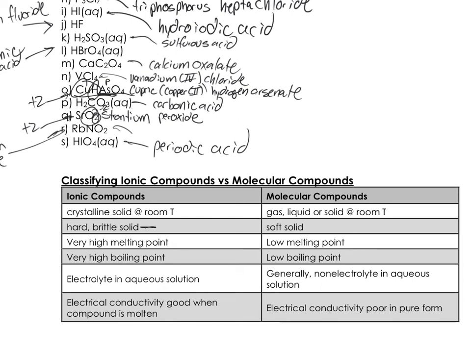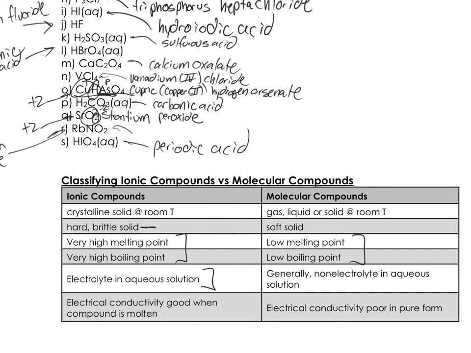Whereas molecular compounds have a wide range of properties. These guys generally have high melting points and high boiling points, whereas many molecular compounds have low melting, low boiling points. For example, think of all the gases on the right-hand side of the periodic table. Oxygen, fluorine, chlorine, nitrogen are all gases at room temperature.